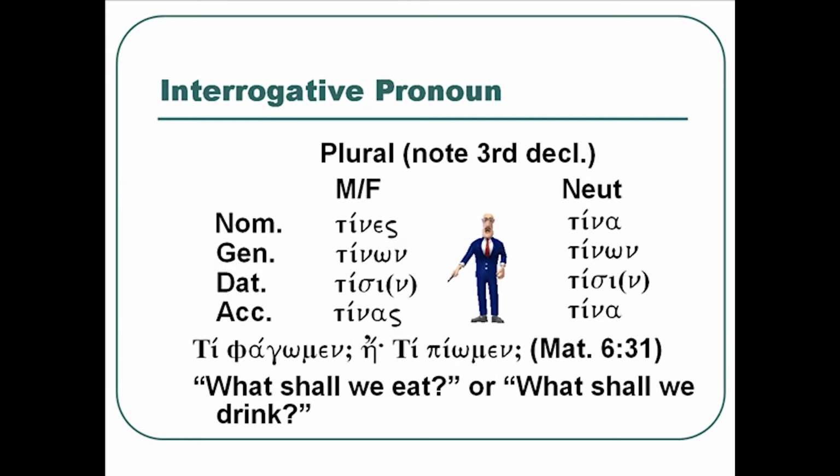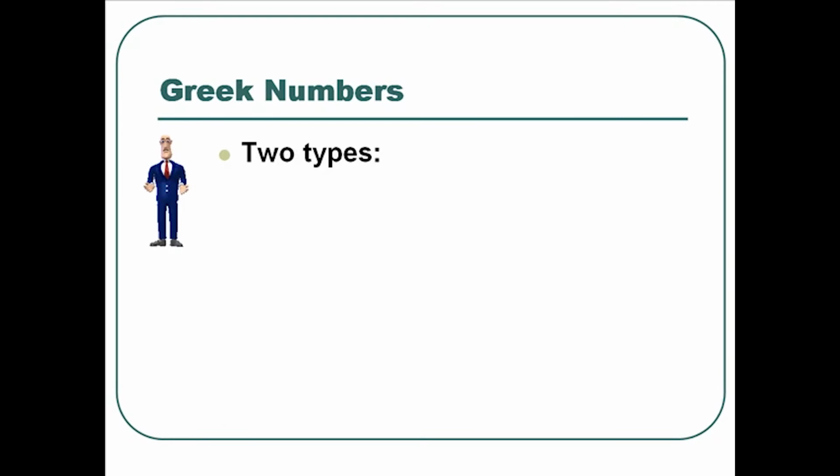And ti piomen is what shall we drink, from pino. The nu got dropped out, and what shall we drink? Using the subjunctive mood there. So you see in both cases the ti takes the accent, so we know it's not an indefinite pronoun. Someone eats or someone drinks.